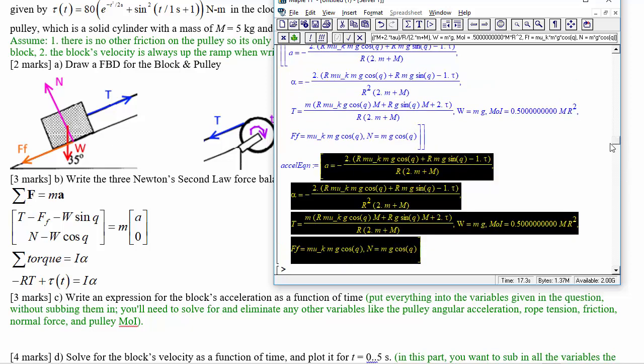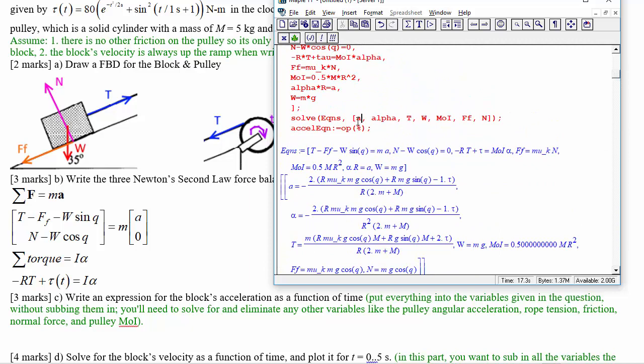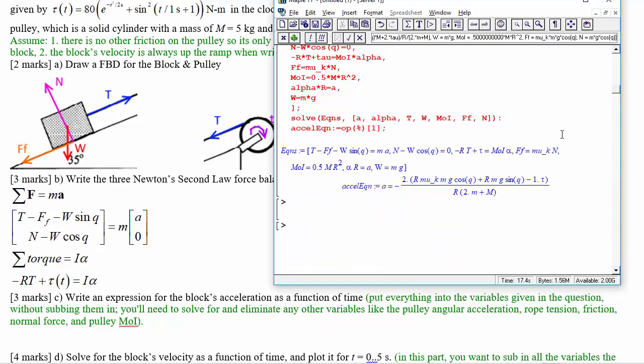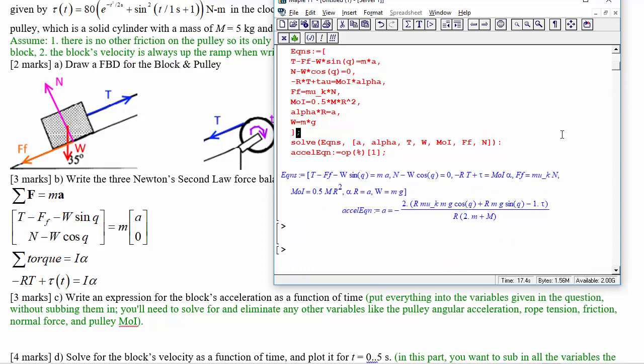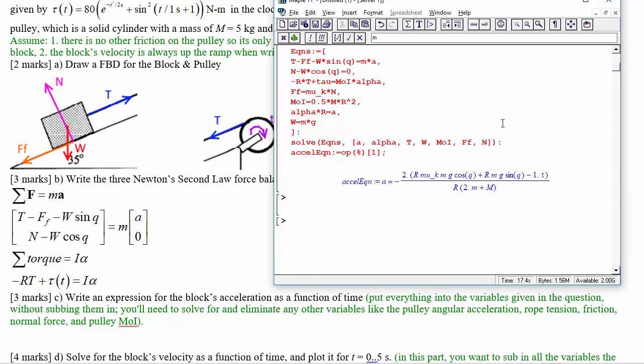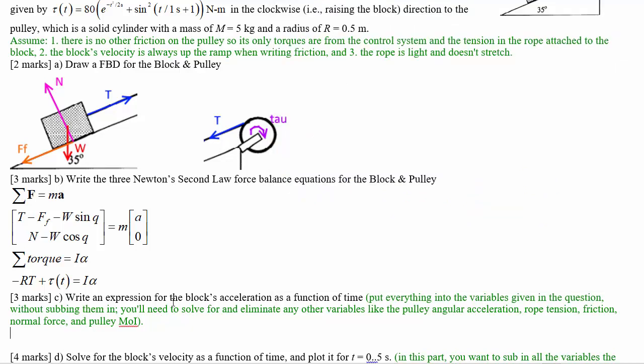And it's the first equation in that. It's always going to be the first one because that's the order that we gave the A in. So we can rely on that, suppress this output, and then say extract the first item from that previous list. And there we go. We've got our acceleration equation there. If you want, you can suppress this output too. And there we go. Acceleration equation. Write an expression for the block's acceleration as a function of time.